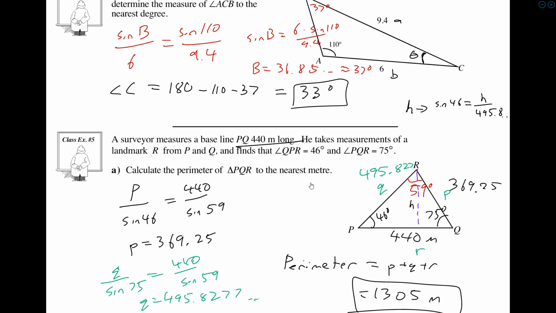So H is equal to 495.8277844 times sine 46. So H here is 356.6686, and we call it base 440.